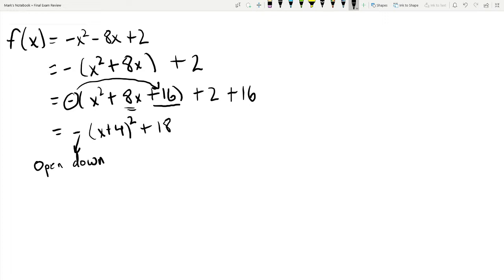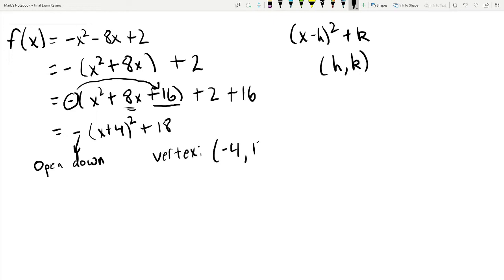And then we will also be able to read the vertex. Remember, our standard equation of a parabola looks something like this, where the point h comma k is the vertex. So in this case, our vertex will be negative 4 comma 18.